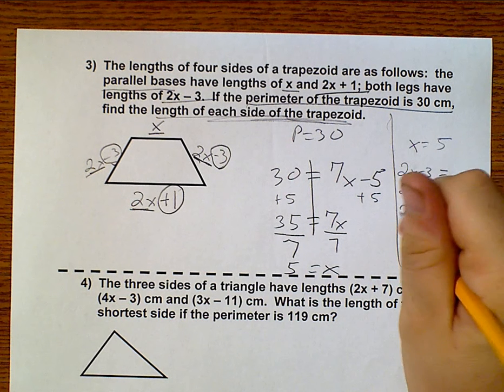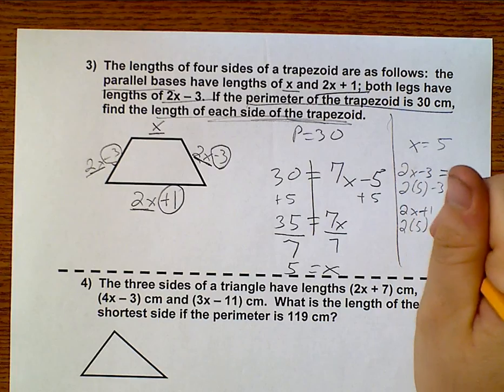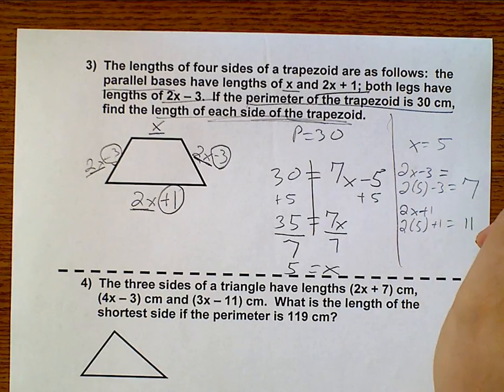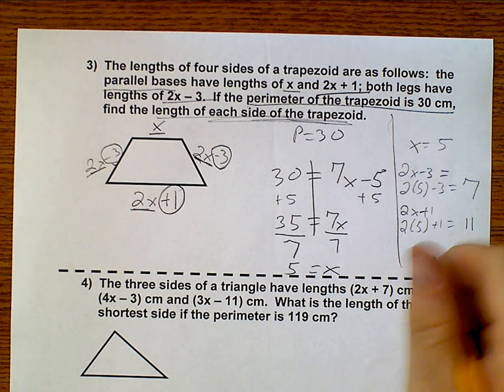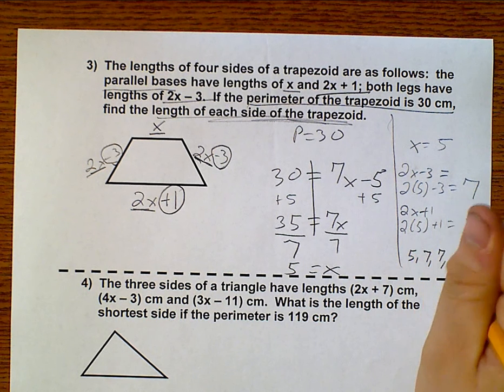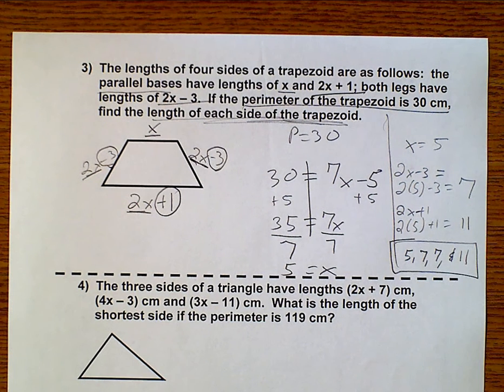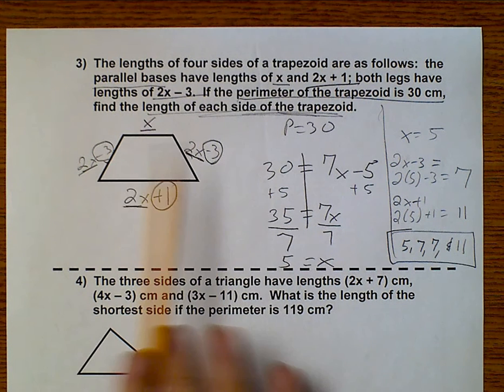And 2x plus 1, that would be 2 times 5 plus 1, is 11. So my sides are 5, 7, 7, and 11. Because I have 2 of those.